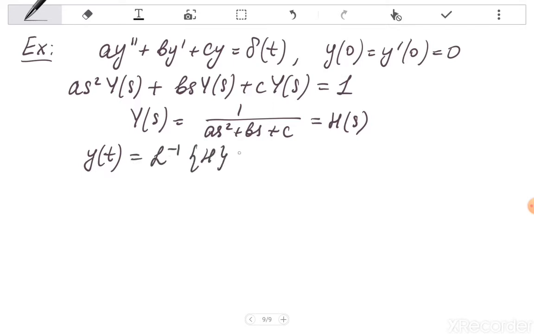the function h, and this is exactly the impulse response function.